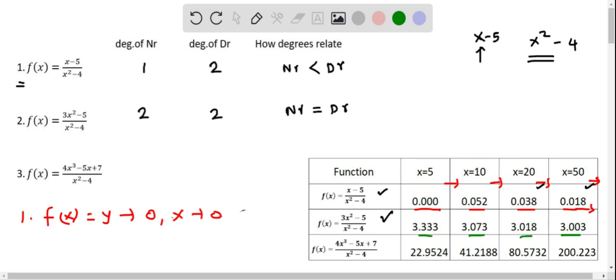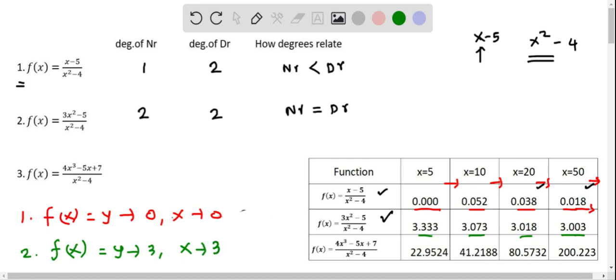You can clearly see that it approaches 3, because at 5 it is 3.333 and it keeps decreasing, staying above 3. At 20 it is 3.018, less than the previous value, and then 3.003, which means it's approaching 3. So for the second function, y approaches 3 when x becomes larger and larger.